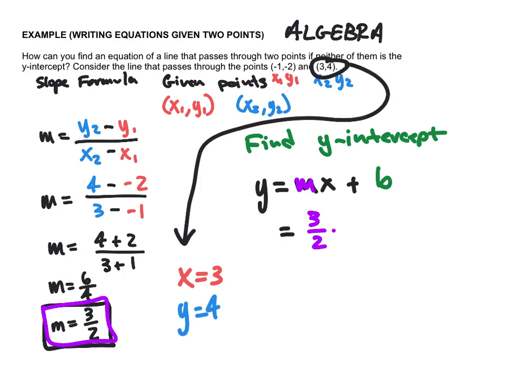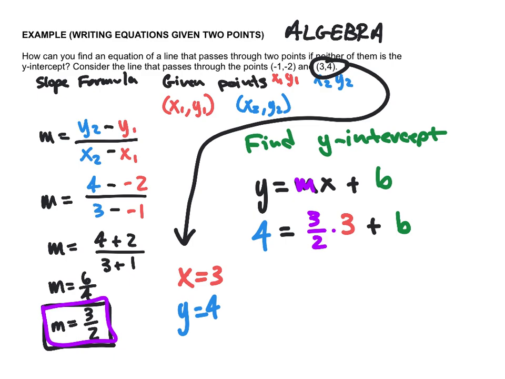But I'm going to plug in 4 in for y. I'm going to plug in 3 in for x. And then I'm going to add b. Now, the reason why I do this is because I have my slope, I don't have b, and I can now solve for b in this equation.